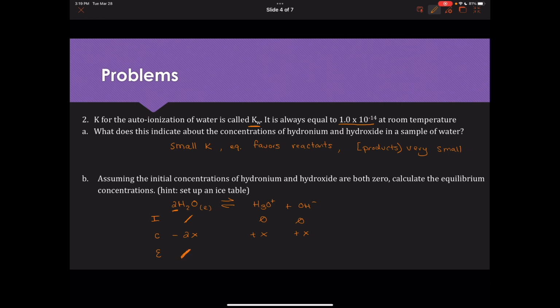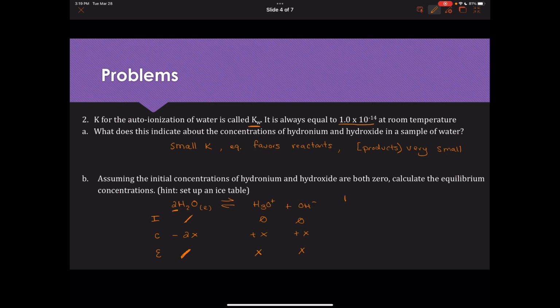So at equilibrium, we would have our initial minus X, but since water is a liquid, it doesn't really matter. So we're just going to X that out. My hydronium would start at 0. We're increasing by X, so we have some X amount at equilibrium, and we have some X amount of hydroxide. Now remember from previous exercises that to solve for our equilibrium concentrations, we're going to plug that equilibrium line into our K expression.